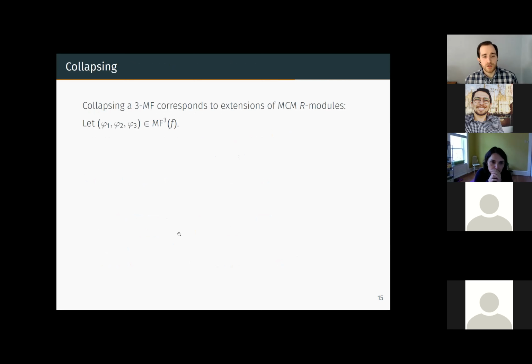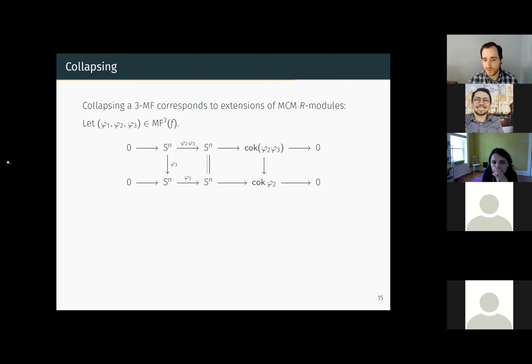Okay, so that last reverse example, collapsing a matrix factorization into a twofold, actually has an interesting correspondence with Maximal Cohen-Macaulay modules. If I stick to D equals 3 just for concreteness, and you have a threefold factorization, phi1, phi2, phi3, you can write down a really nice commutative diagram where you have phi2 on the bottom going to the co-kernel of phi2, and then across the top is this collapsed version, phi2, phi3.